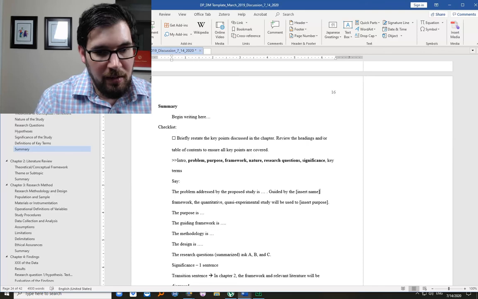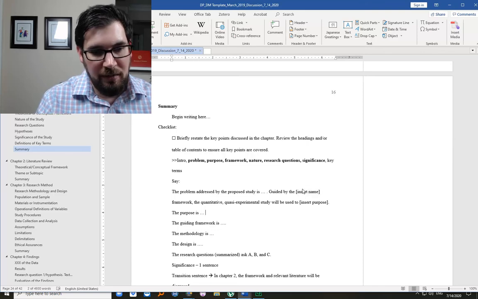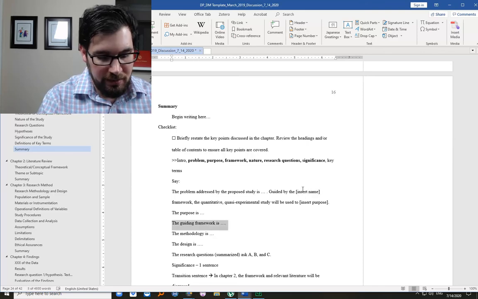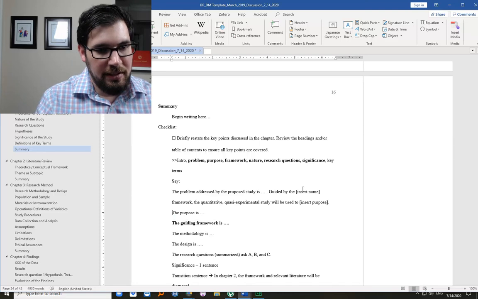So guided by, and so we're covering the framework here. I inserted the purpose there at the end here, so that's done.